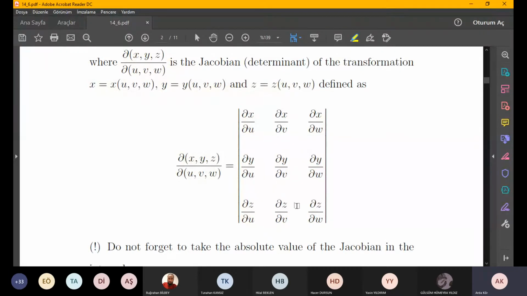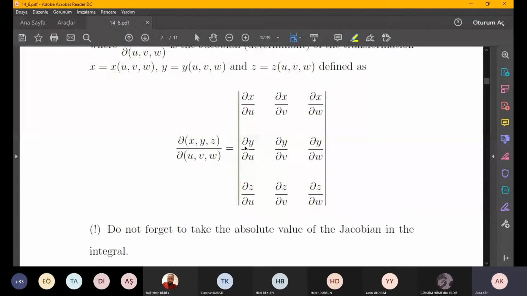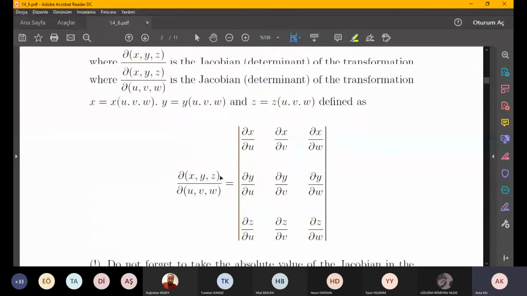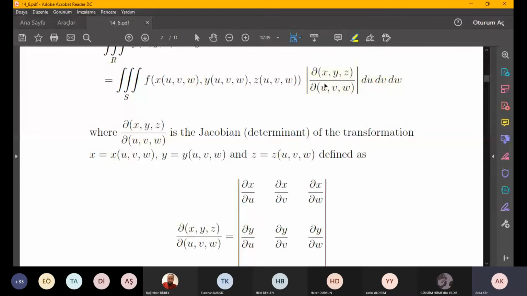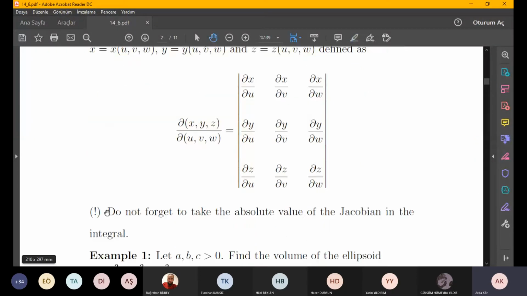And the last row is the partial of z with respect to u, v, and w. When you take the triple integration, you need to take the absolute value of that Jacobian determinant.